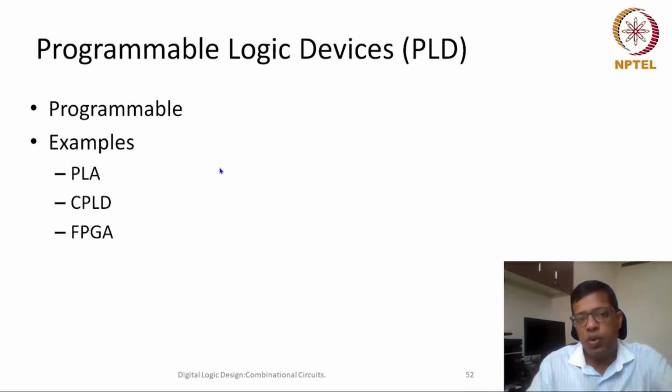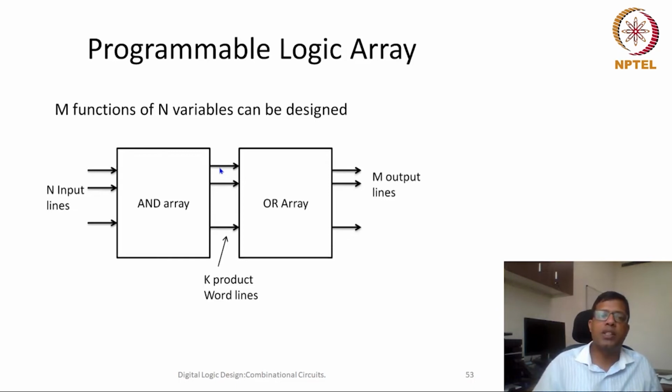So in a PLA, what would happen? A PLA is a standard AND-OR combination. We have seen that any n-input logic can be designed using two-level logic, sum of minterms, or we can say sum of products. Now what is this product? Product means it's an AND gate, and sum means it's an OR gate.